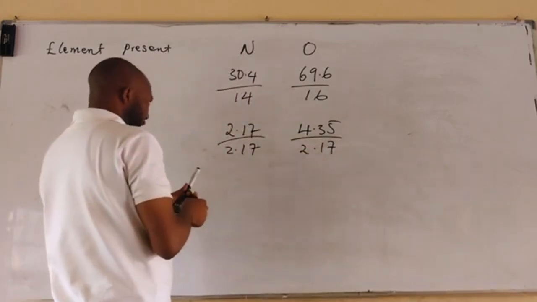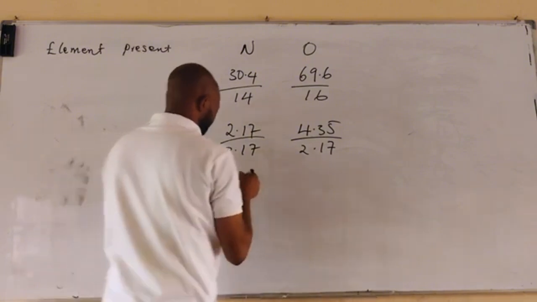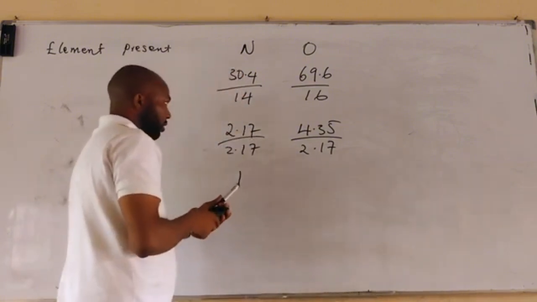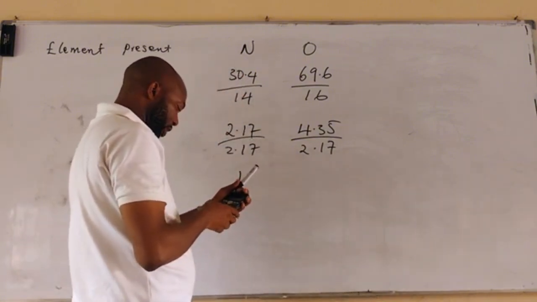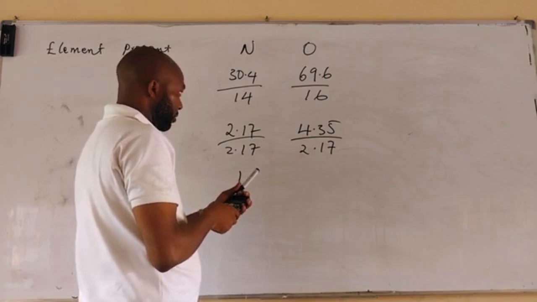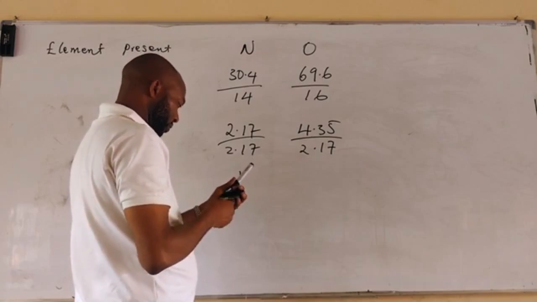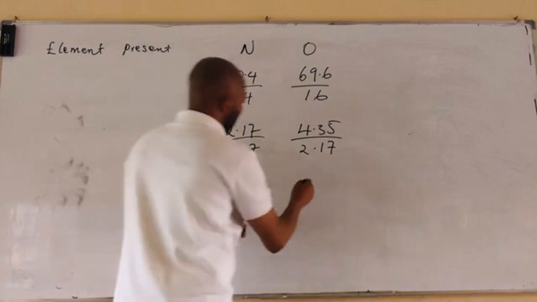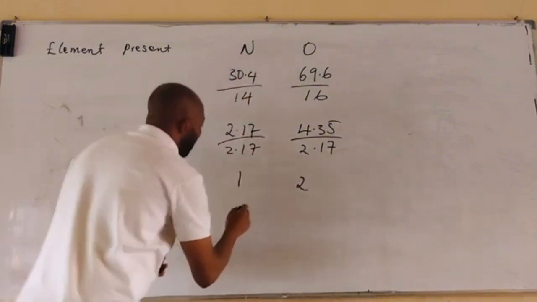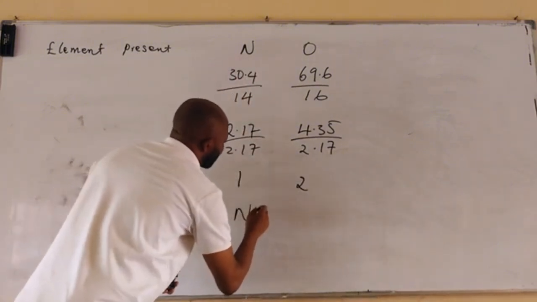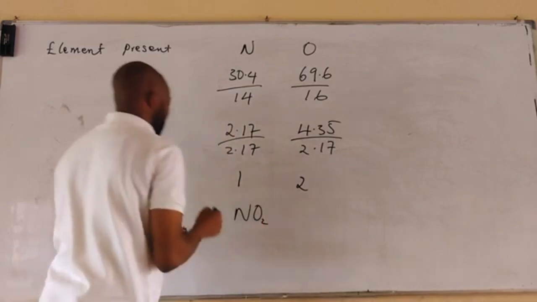This is 1, of course, and 4.35 divided by 2.17 is 2. So we have 1 nitrogen and 2 oxygen.